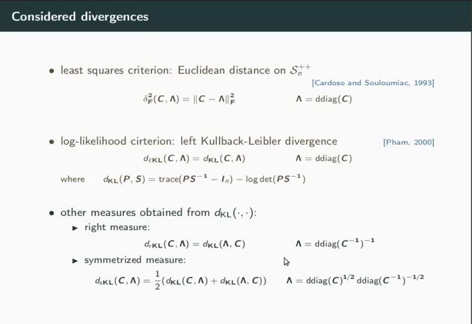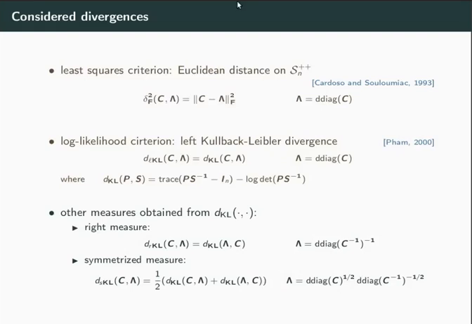And in this case, and in any of the following cases, the closest diagonal matrix is different from the usual ones. And here it's the inverse of the diagonal part of the inverse of the matrix.